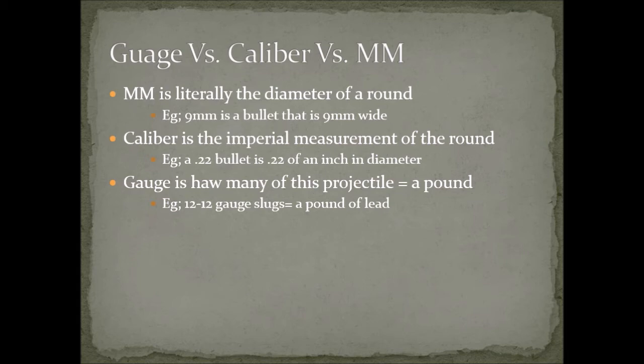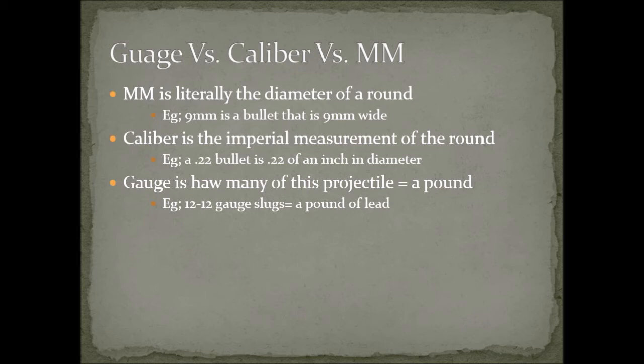Gauge was very common. We still use gauge in things like shotguns. This is how many of a given projectile equal a pound, if it were a solid projectile, although they're often associated with multi-projectiles like shot from a shotgun.